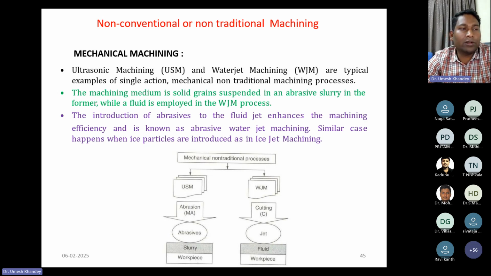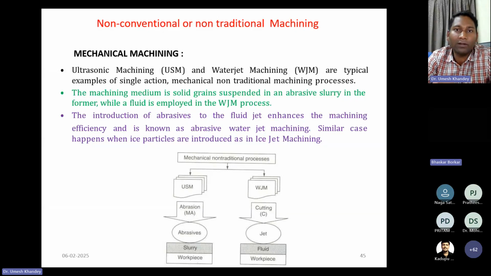Whatever the erosion is, it takes place with the abrasive slurries or through the impact of a water jet, also at high pressure, which is going to remove or erode the material from the workpieces. These are some of the mechanical machining processes where the abrasive slurries and water jet are used for eroding the material to have a definite shape and size after removal of the material in the form of minute chips.